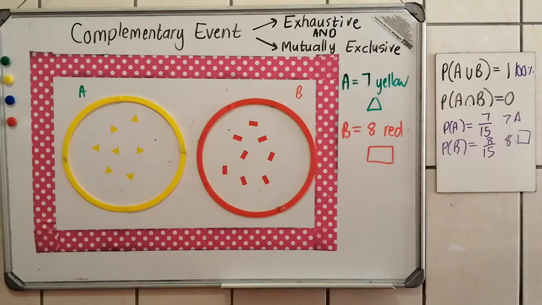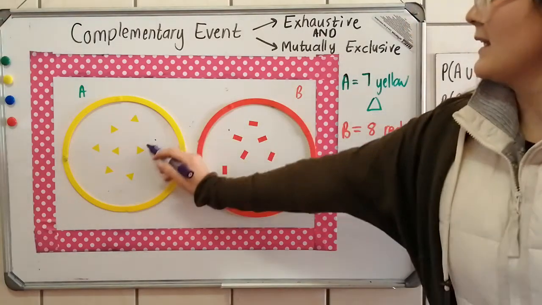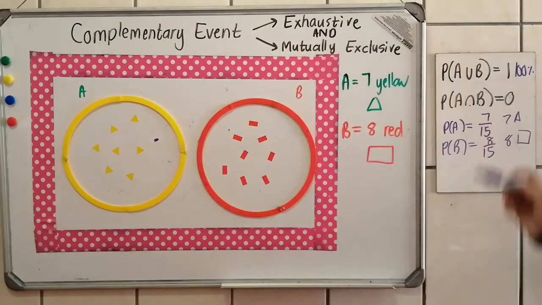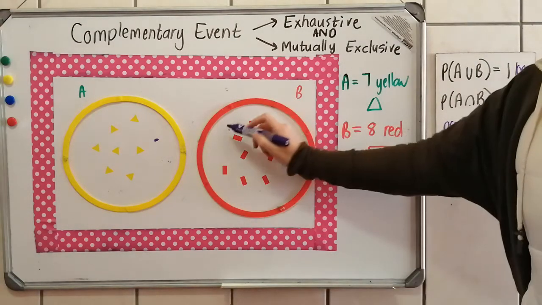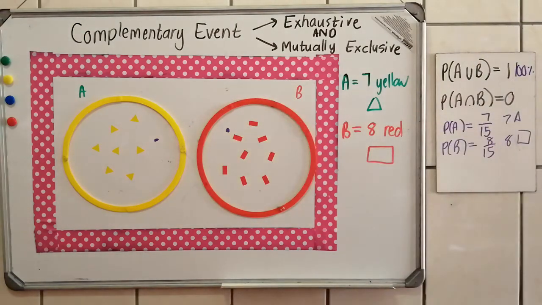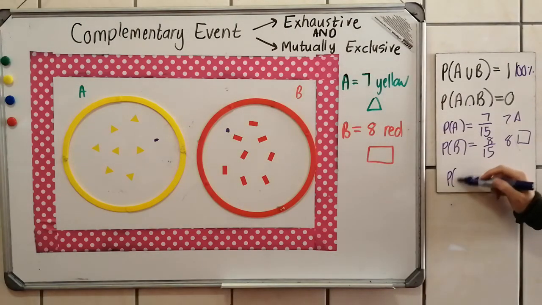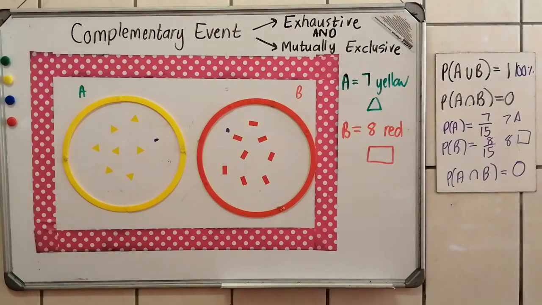Even if I had to dot my circles and see where they overlap, the probability of A is simply here, so it gets a dot, and the probability of B is simply here, and it gets a dot. Nowhere do they intersect or have anything in common. So the probability of their intersection, where they overlap or what they have in common, comes to 0. They have nothing in common.